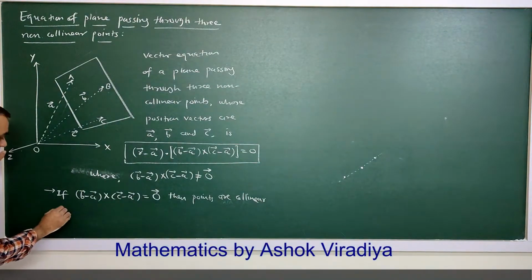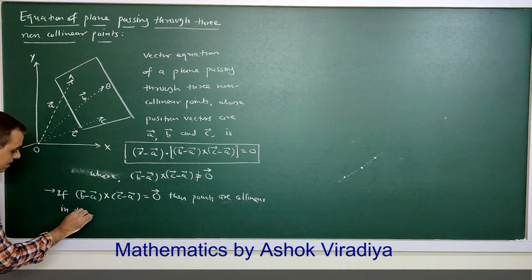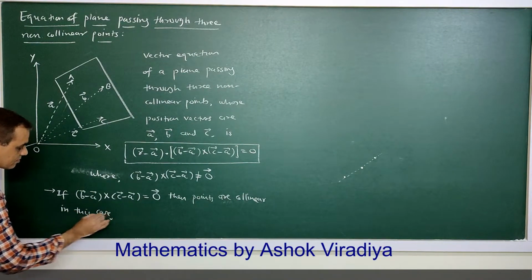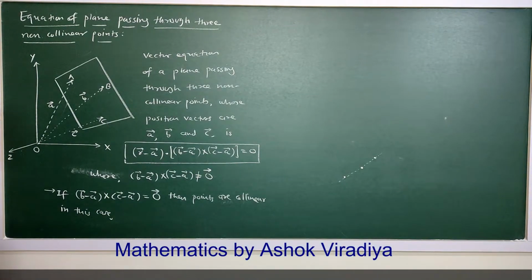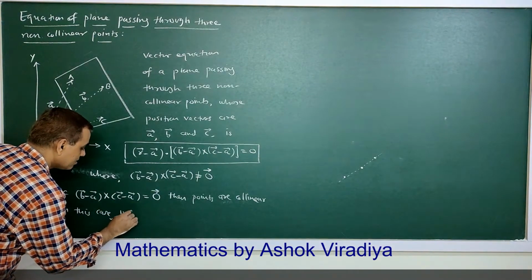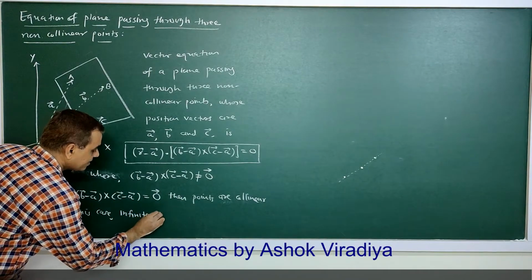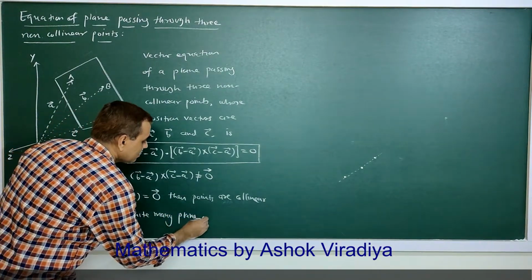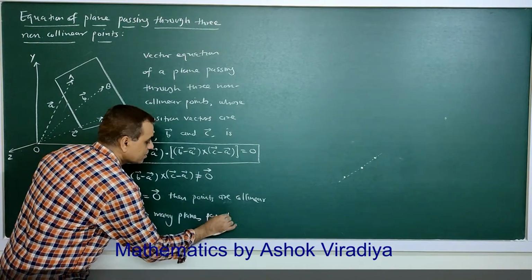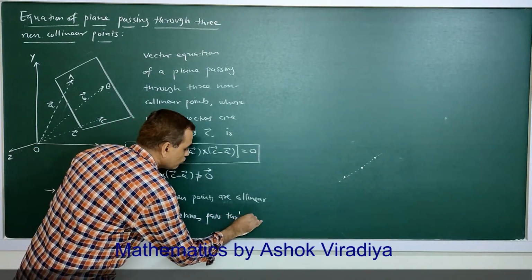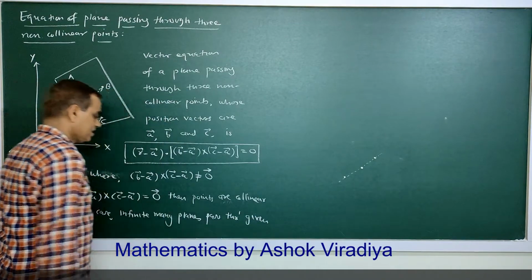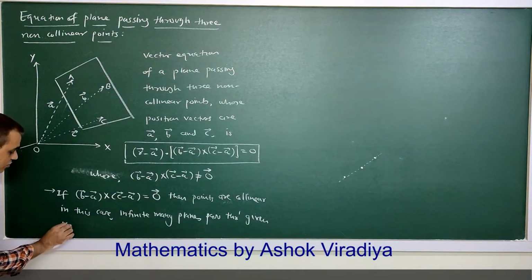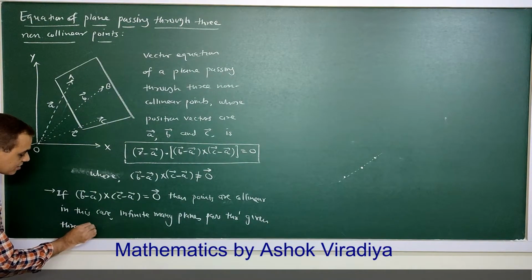And in this case, infinitely many planes pass through the given 3 points.